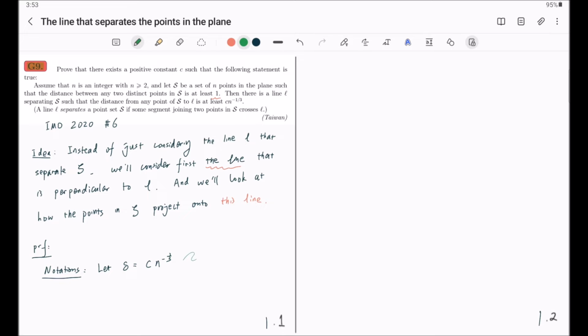Later, we're going to show that C is precisely equal to 1/8. And at this point, we can pretend that we don't know this 1/8. Just take it as any fixed constant C that satisfies this property.